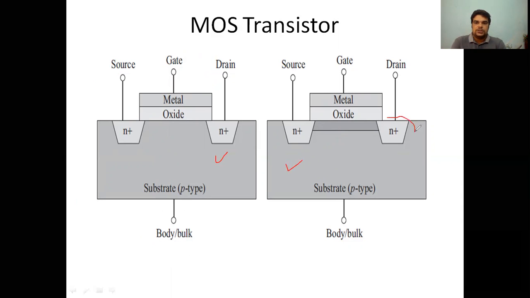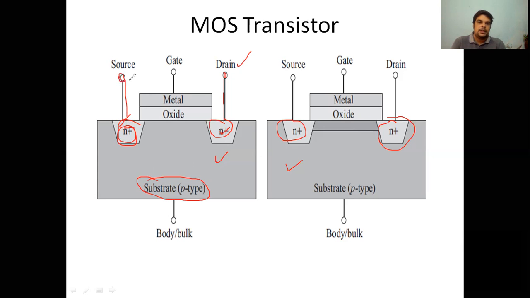So these two regions are there in a MOSFET. These are basically very highly doped regions. In an N-channel MOSFET, whether it is depletion or enhancement, a P substrate is used on which two N plus regions are made using the diffusion process. One terminal is drawn from here, that is called drain, and another terminal is drawn from here, that is called source.